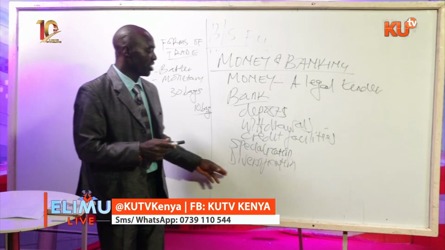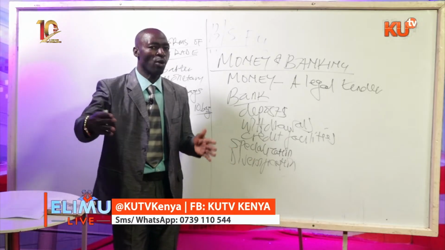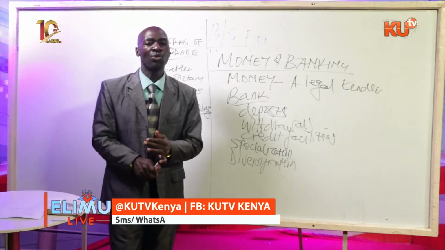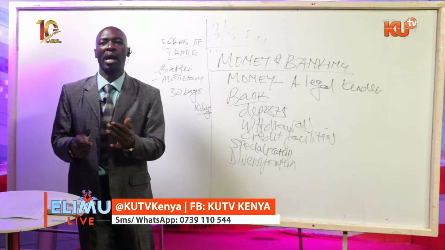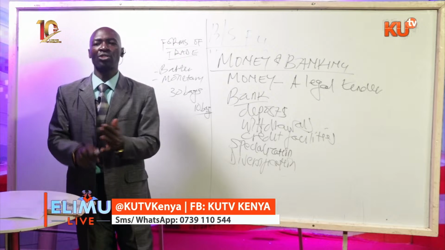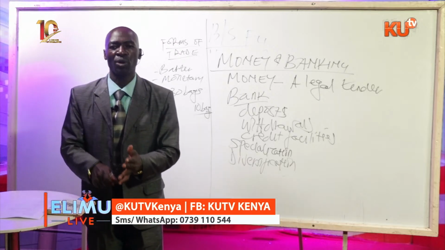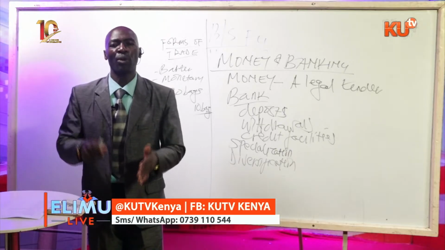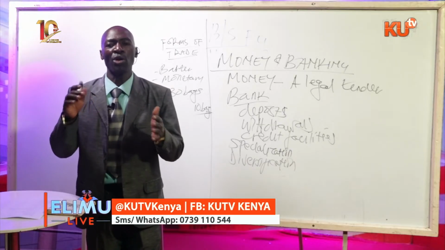Now, diversification is to spread one's ideas in various fields. For example, you are a farmer. If it is in agricultural production, you produce coffee, tea, cocoa, maize, tomatoes, potatoes, onions, and so on.